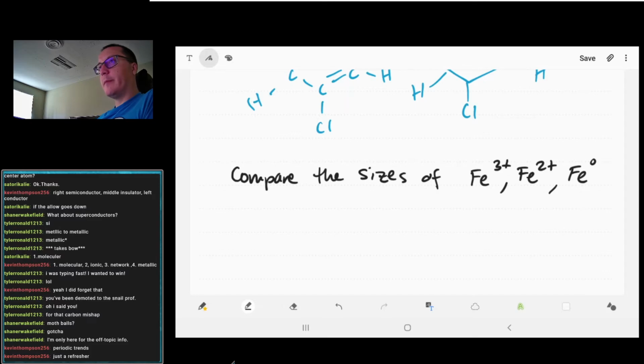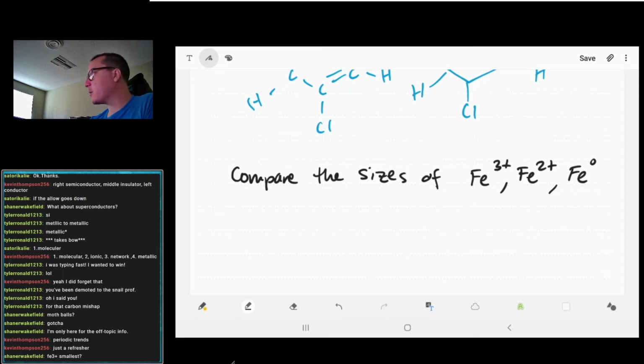All right, so let's compare the sizes of these three. Which one is the biggest and why? And which one is the smallest and why? For that very same reason.